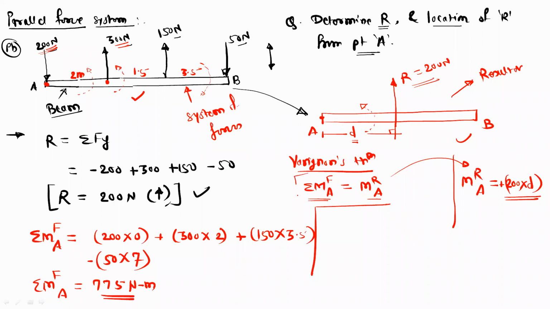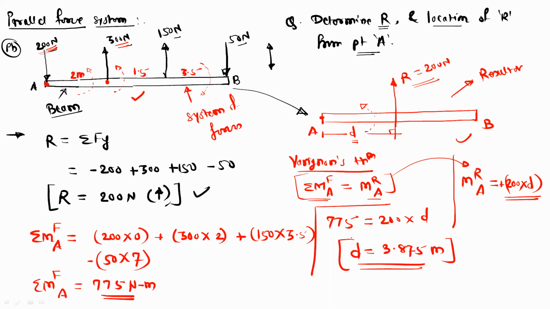So refer this equation. So 775, this is the left hand side, it is equal to 200 into distance D. So D is equal to 3.875 meter.